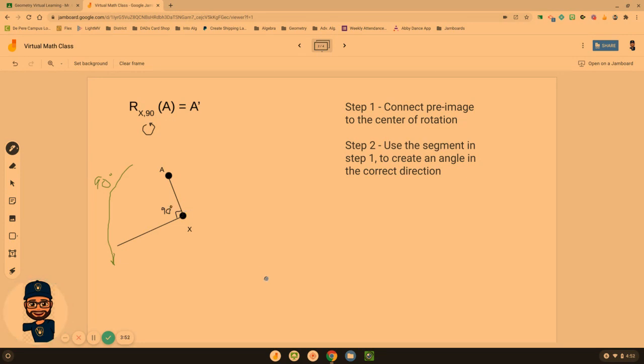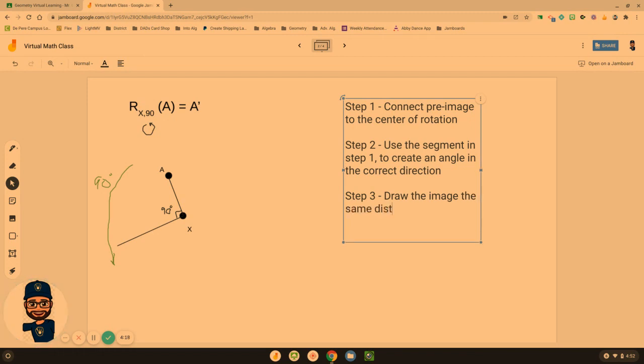Okay, so that's step 2. We use that segment from step 1 to create an angle in the correct direction, and we draw that other side. Now we get to step 3. One of the things that we talked about being preserved was the distance. Draw the new image the same distance from the center point as the pre-image.